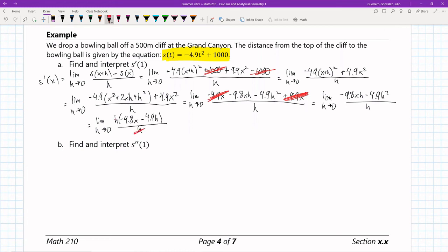The h's cancel. Limit as h approaches 0 of negative 9.8x minus 4.9h, which is negative 9.8x. So s prime of x is equal to negative 9.8x.